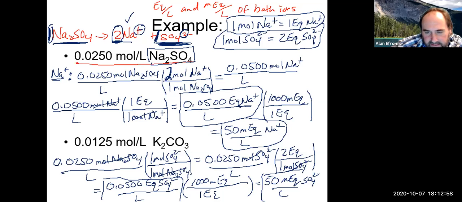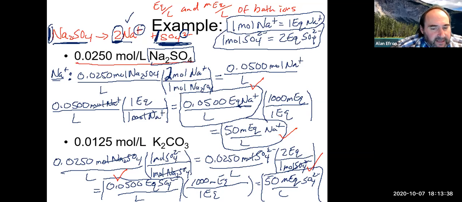And you may notice that when we talk about this solution, the sodium sulfate, and we talk about its concentration in terms of the ions, it is 0.05 equivalents per liter sodium ions. It is 0.05 equivalents per liter sulfate ions. They're exactly the same. The milliequivalents per liter of sodium ions is 50. The milliequivalents per liter of sulfate ions is also 50. And that is because when we put an ionic compound together, if you remember, the goal is to make sure that we end up with an overall charge of 0.